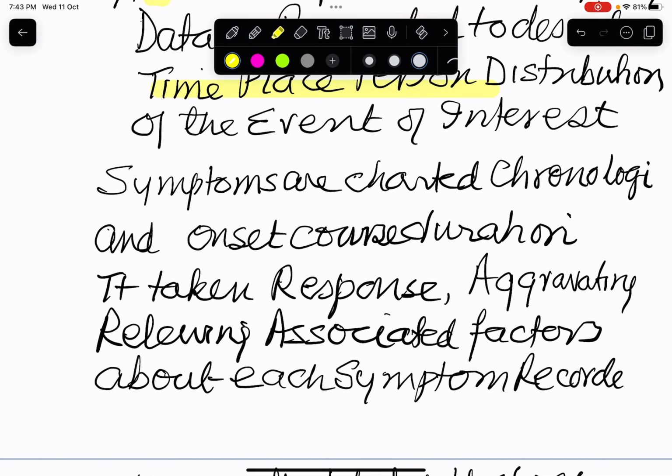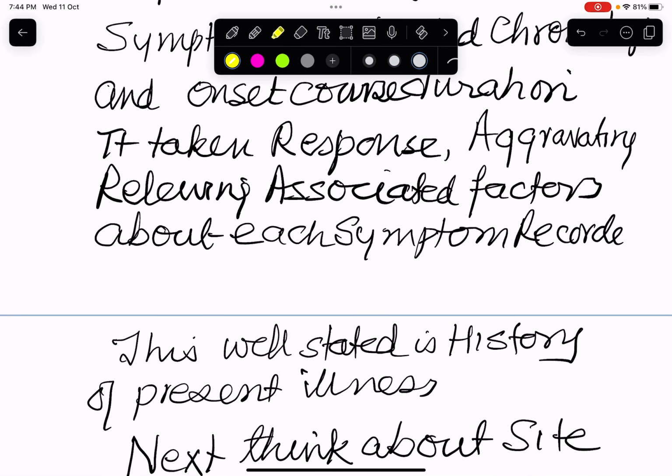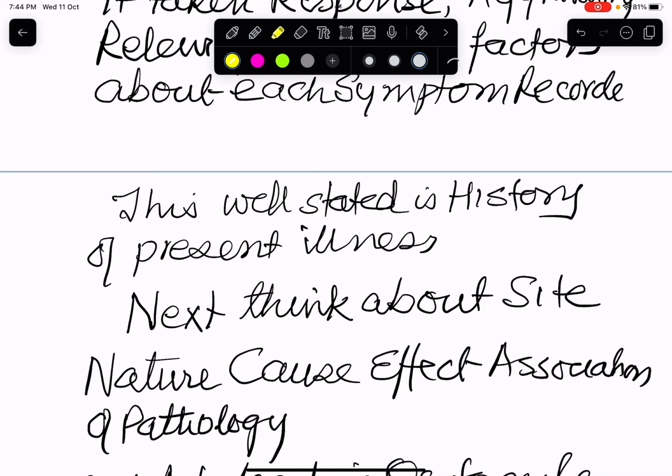Symptoms are charted chronologically, and about each symptom, the onset, course, duration, treatment taken, response, aggravating factors, relieving factors, and associated factors are recorded and put up in English and presented and communicated accordingly. So this forms a well-stated history of the case, history of present illness.